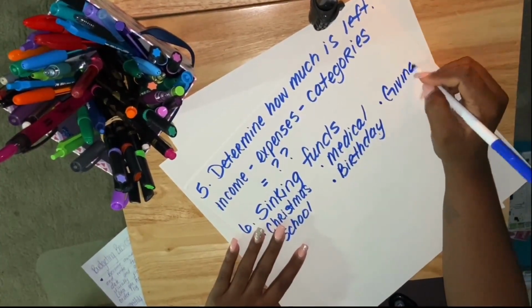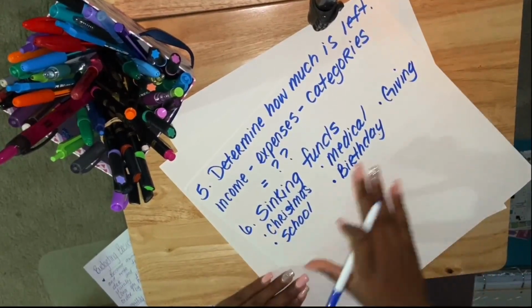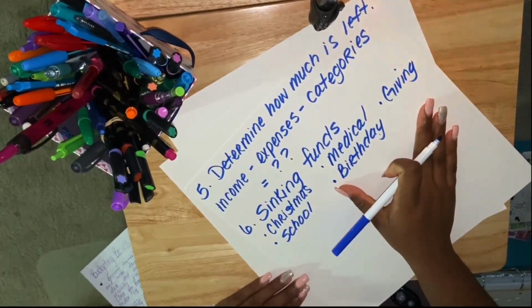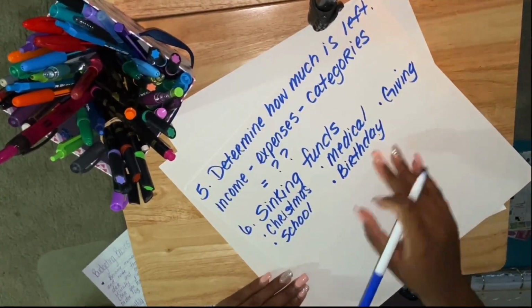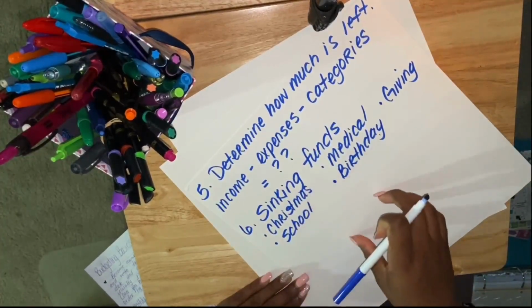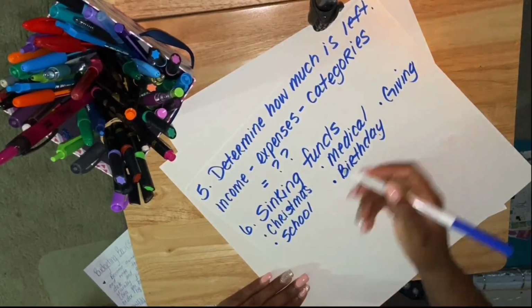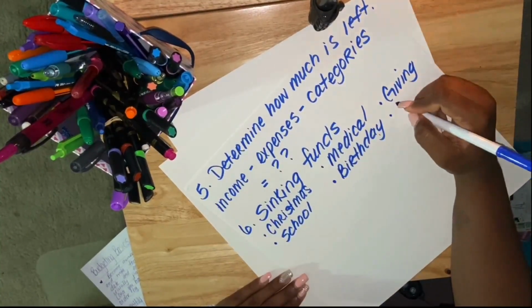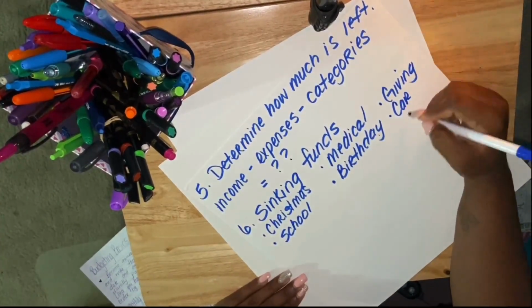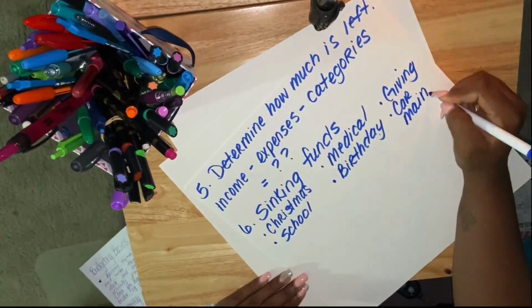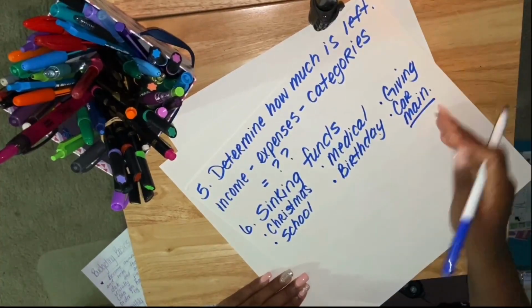It's a lot of different sinking funds you can have. And your sinking funds are up to you. What you want to save for, some can also be car maintenance. That's a big one.